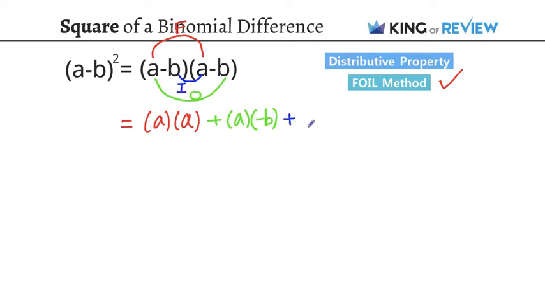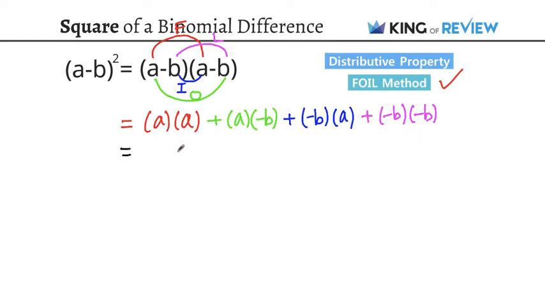So plus negative b times positive a. And then lastly L, last terms, right? Multiply the last terms. This is the last terms, right? So this is equal to plus negative b times negative b. Okay, let's continue.